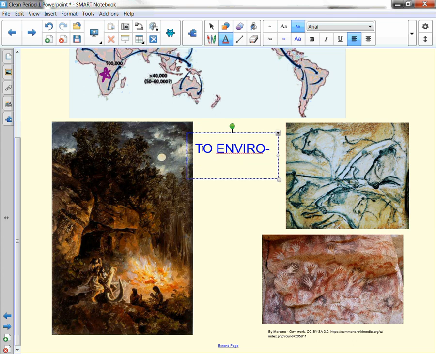So one way they adapt to their environment, this is really simple, is by making tools out of stone, and by using clothing or shelter that was already there, such as this cave right over here.